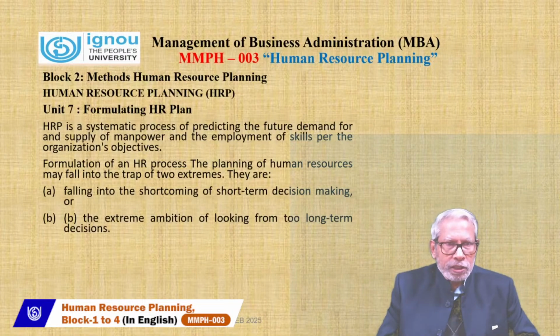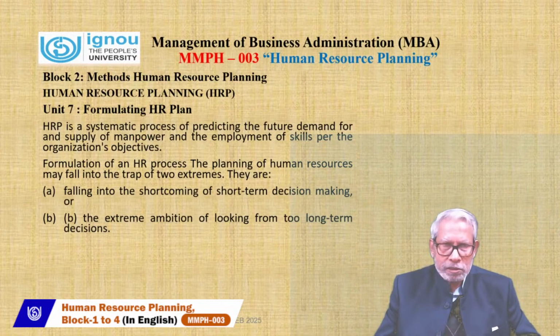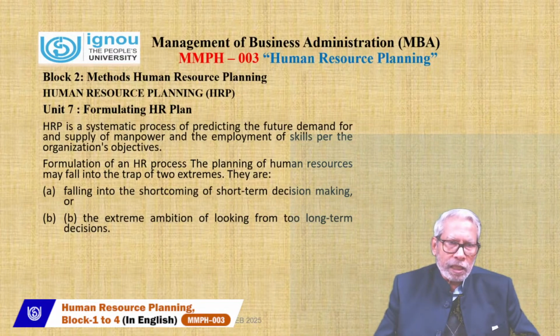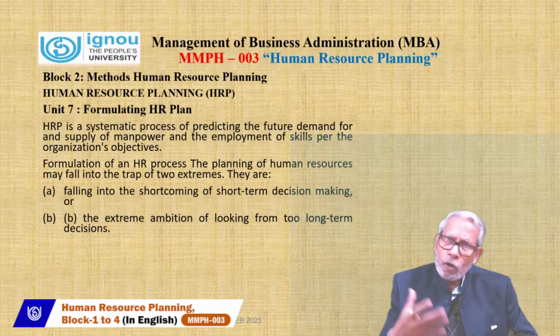Now, some of the formulating of the HR plan. Formulating the HR plan, this HRP is a systematic process of predicting the future demand. In formulation of the HR process, there are two extreme points: falling into the shortcoming of short-term decision making, and the other is your ambition, looking from a long-term basis.